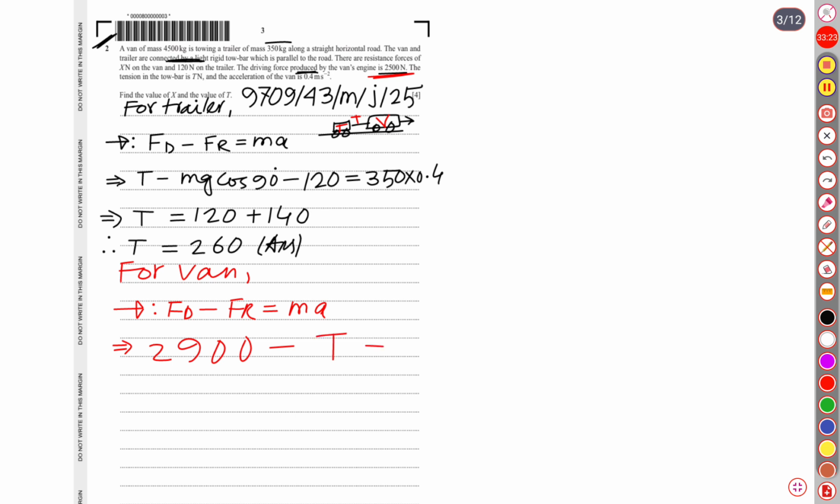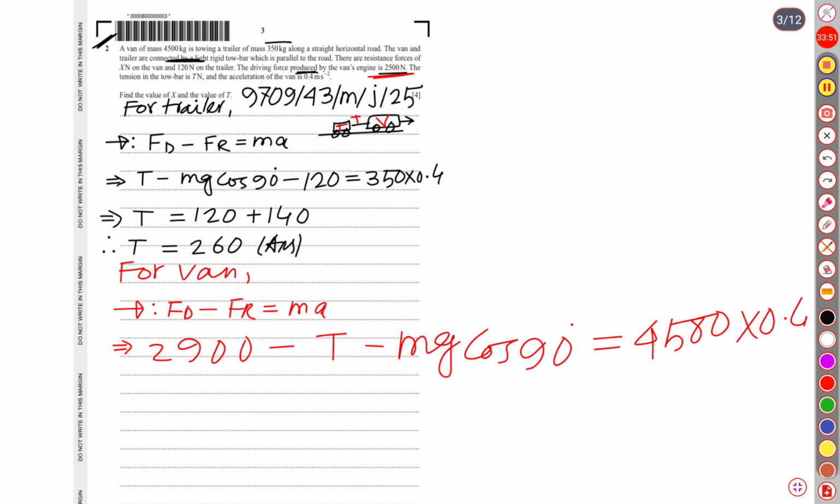And if you think that we are ignoring weight, we are not actually. So mg sine 0 degree, or cos 90 degree, equal to mass into acceleration. So mass of the van is 4500 and acceleration is given as 0.4 meter per second square.